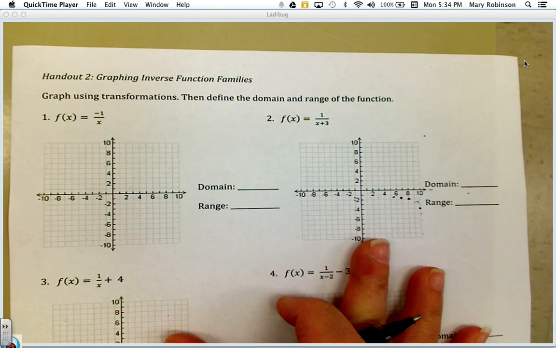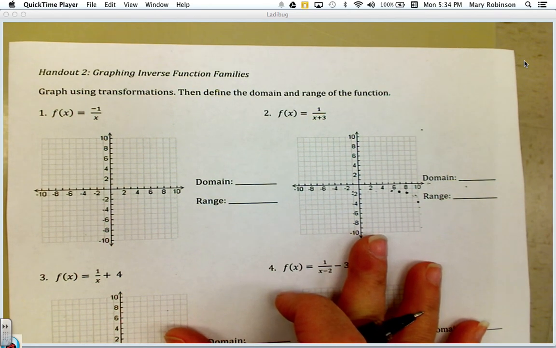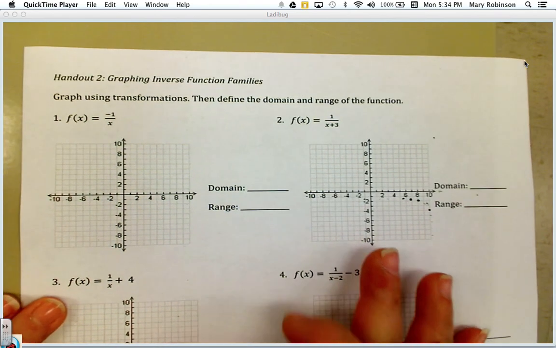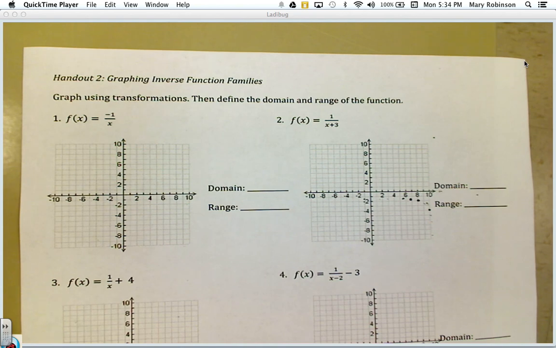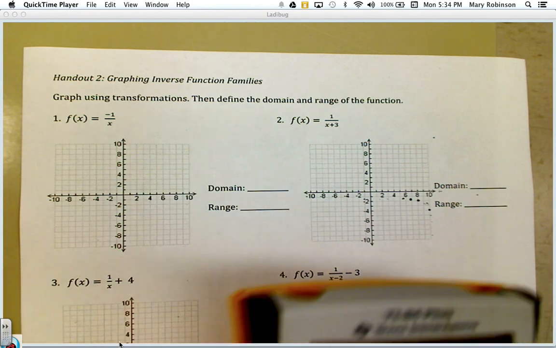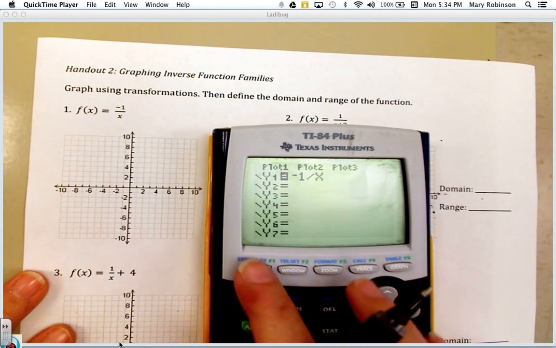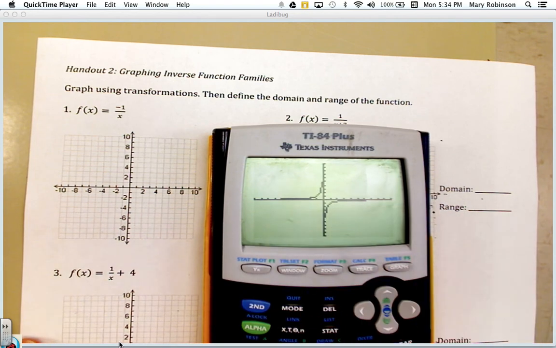So the next thing you're asked to do is to be able to graph these using transformations, defining the domain and the range. Just to get started, the first one is negative 1 over X, which we've already talked about. So if we've got negative 1 over X, we saw that it just simply made it reflect.